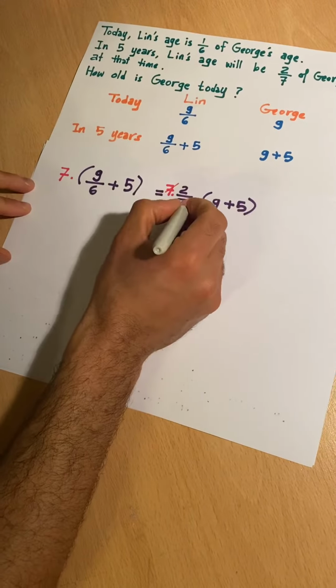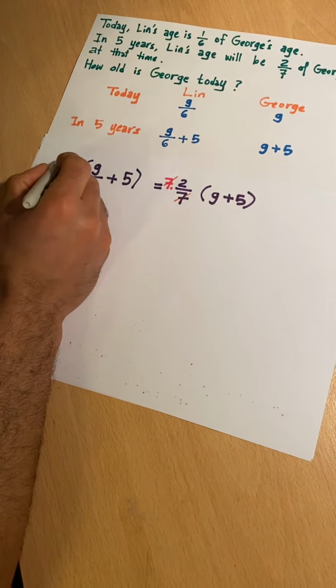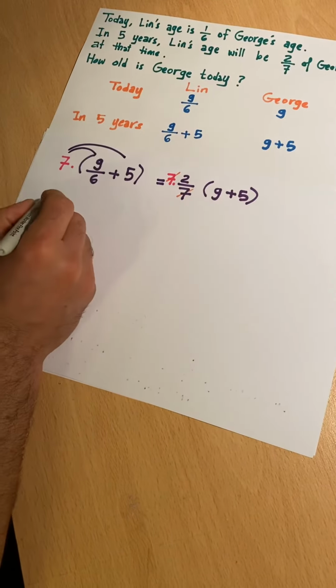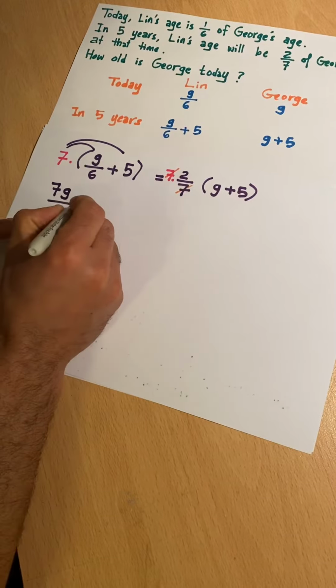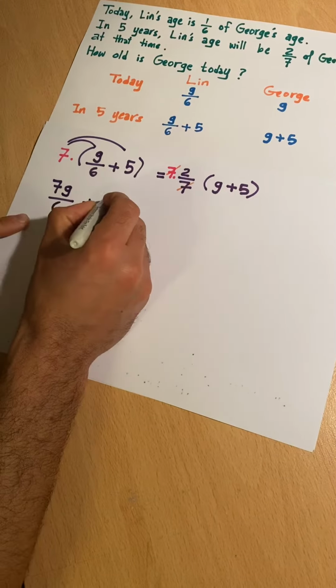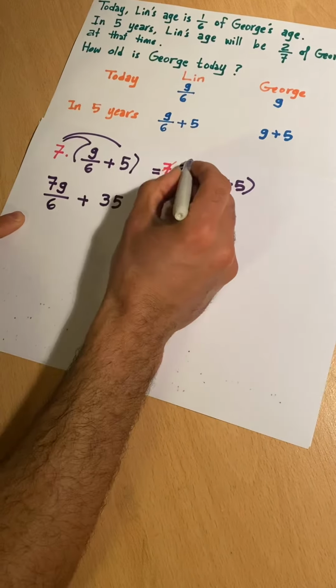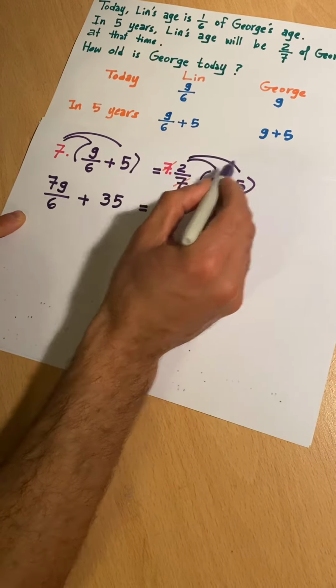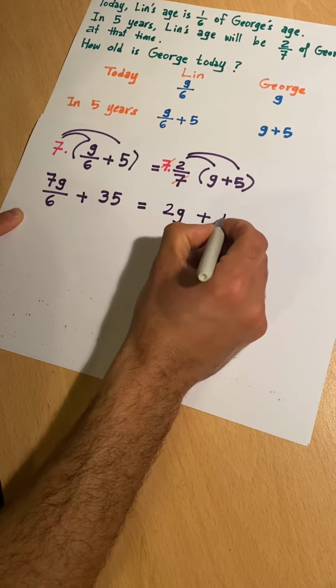So these would cancel out. What do we have here? Let's distribute the 7. This would be 7G/6 plus 35 on the left-hand side. What do we have on the right-hand side? Again, the 2 is going to be distributed, so this is 2G plus 10.